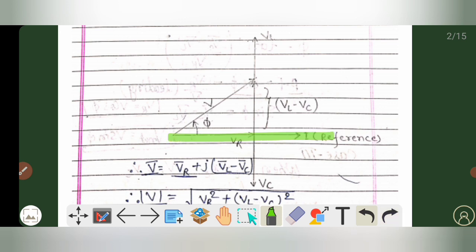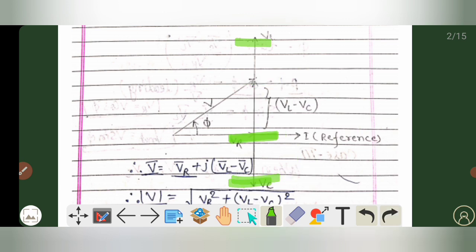So this is the current and the voltage across the resistor will be in the same phase. This is denoted by VR. From here to here is the total VL, and if we project from here to here, this is VC. So if we project VC on VL, then we get from here to here VL minus VC.